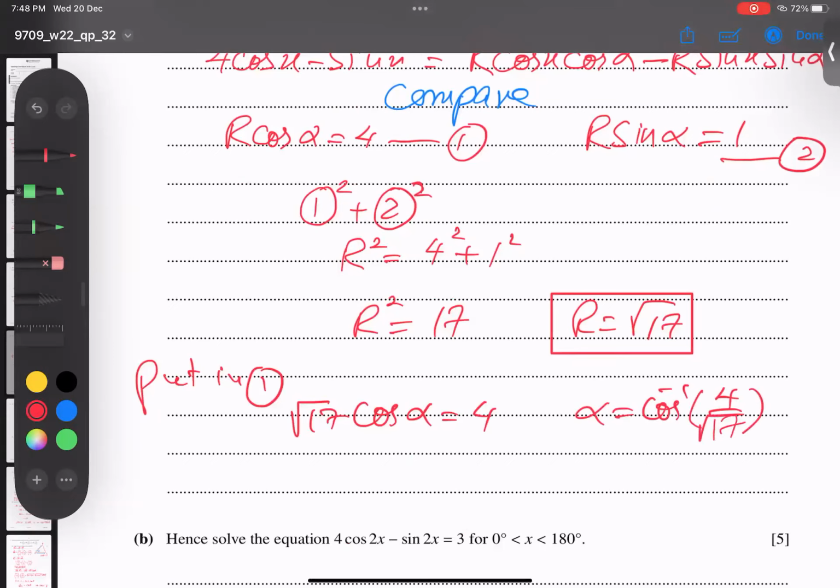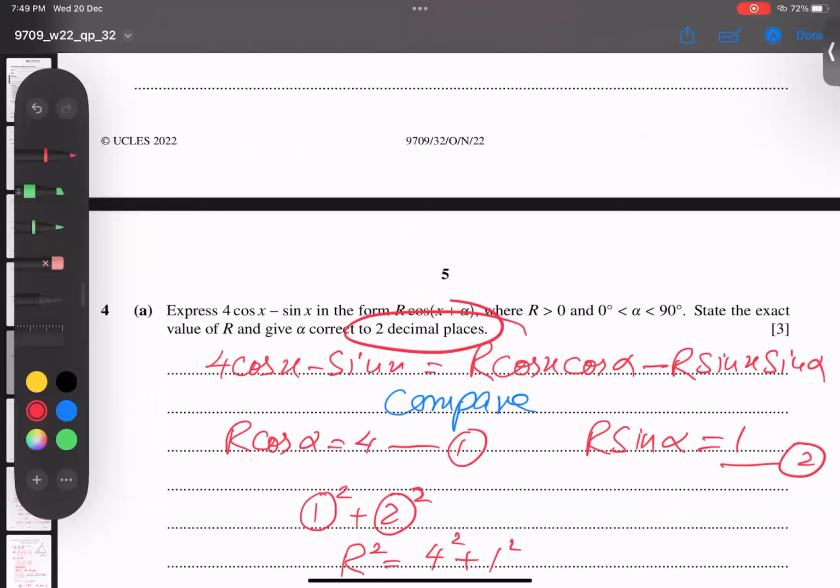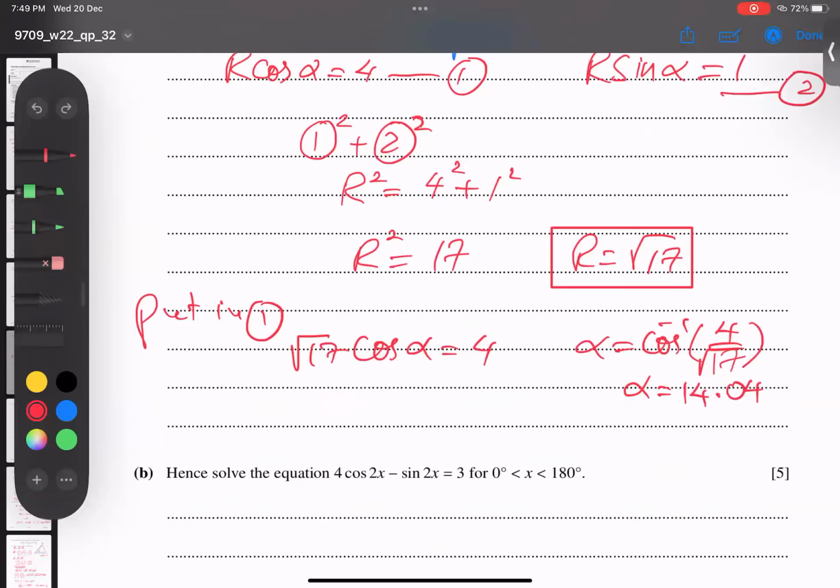When I type it in the calculator, cos inverse 4 divided by root 17, it is giving me an alpha value of 14.04. Why, sir? He said 2 dp, 2 decimal places. Actually, I'm getting 14.036, and when I round it, I get this alpha.